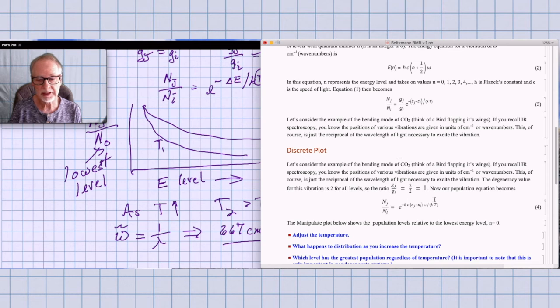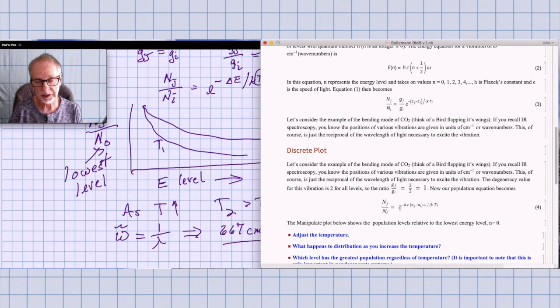So in this case, then, we're using the equation here for the population ratios, where the degeneracies are the same, so that's equal to 1. All right, and because that's equal to 1, we remove that term, and then I've just inserted the equation here, and we're replacing omega with 667 wave numbers in the calculation.